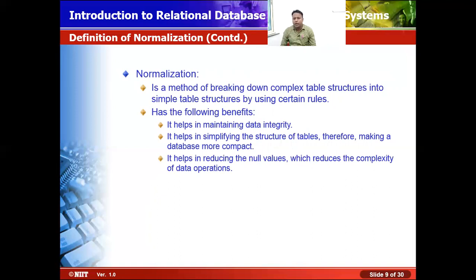It has the following benefits. What are they? It helps in maintaining data integrity. Integrity means security. It helps in simplifying the structure of the table, therefore making the database more compact. It helps reduce null values and reduces the complexity of data operations, meaning null values are removed.